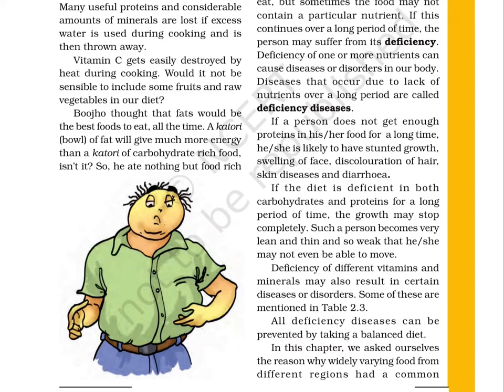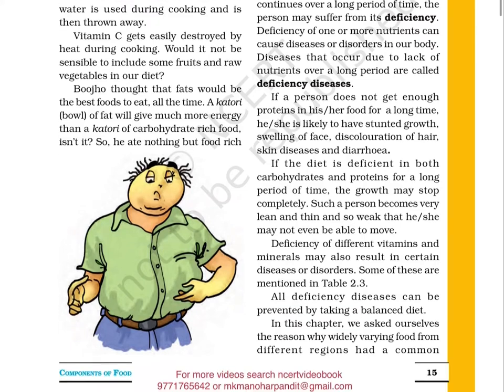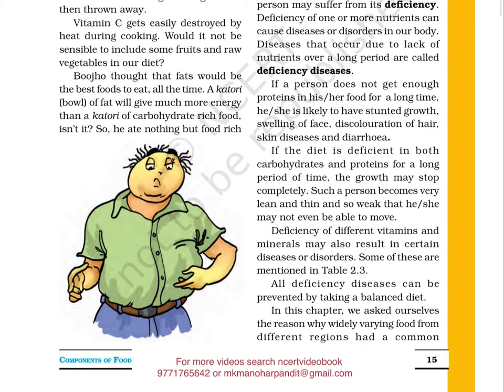Bojo thought that fats would be the best foods to eat all the time. A katori bowl of fat will give much more energy than a katori of carbohydrate-rich food, isn't it? So, he ate nothing but food rich in fats, fried food like samosa and puri, snacks, malai, rabdi and peda, sweets.